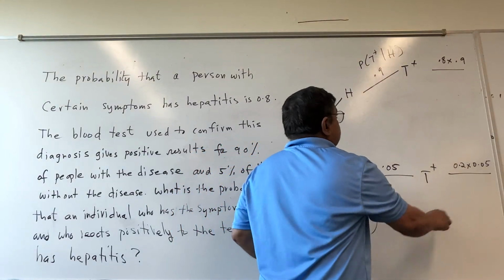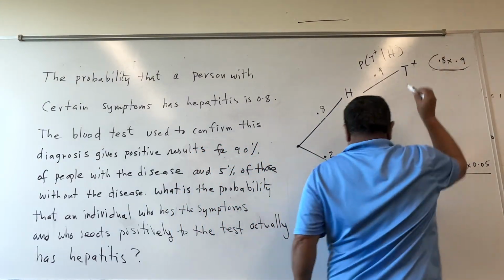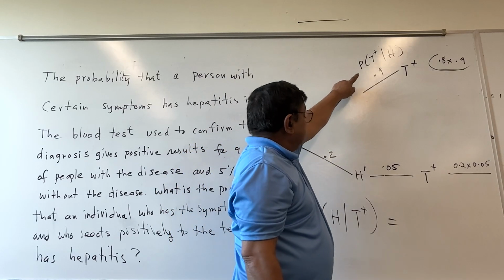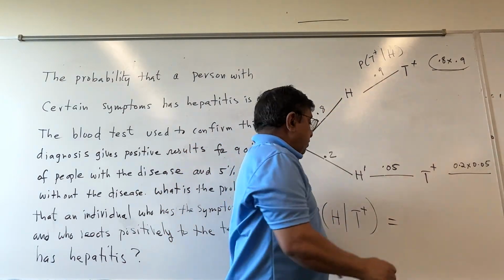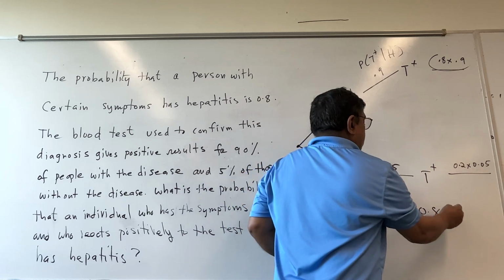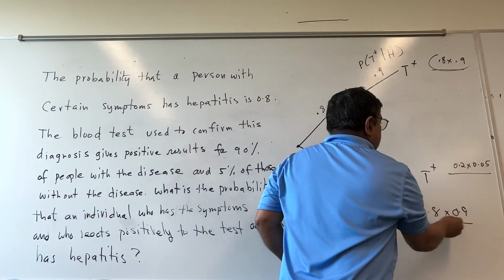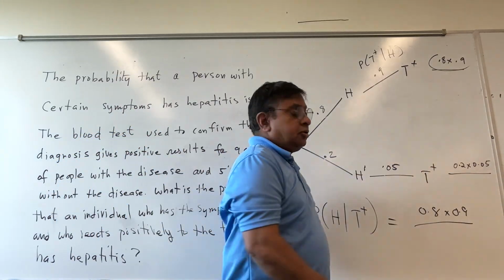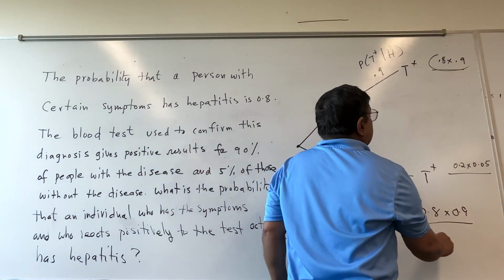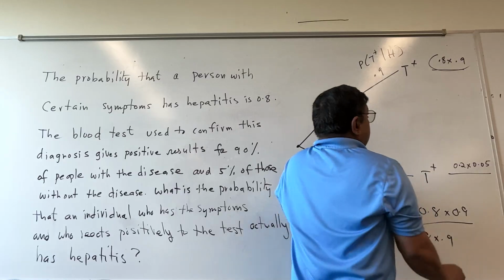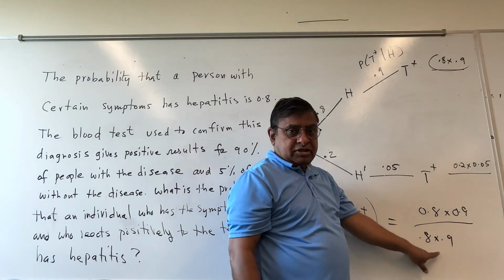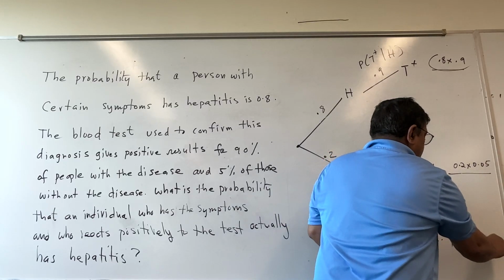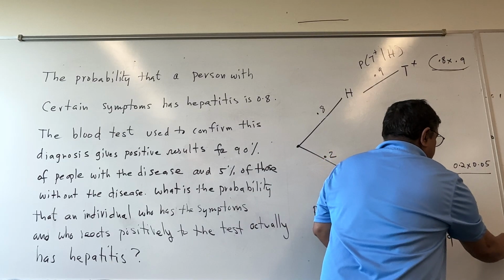The formula is, you take the opposite of that, H and T plus, that number in the top, 0.8 times 0.9, divided by the sum of these two. So 0.8 times 0.9. That number always appears in the bottom along with other numbers. In this case, you have only two of them.